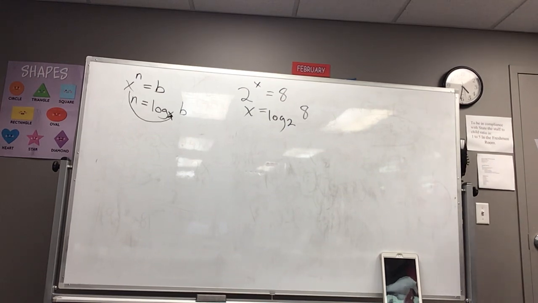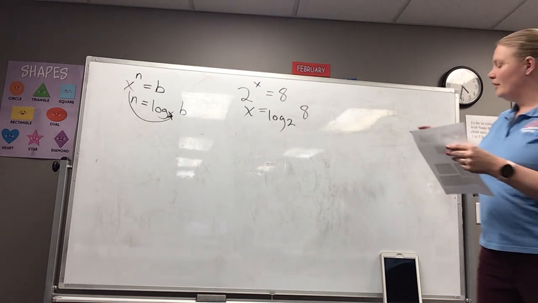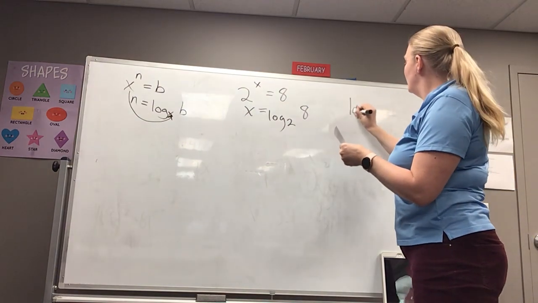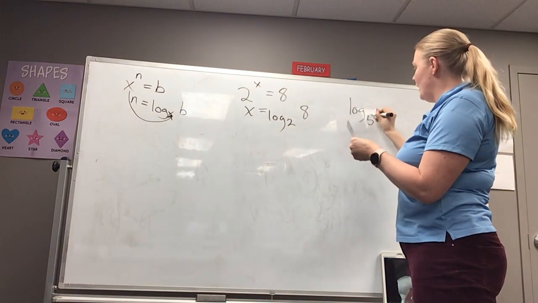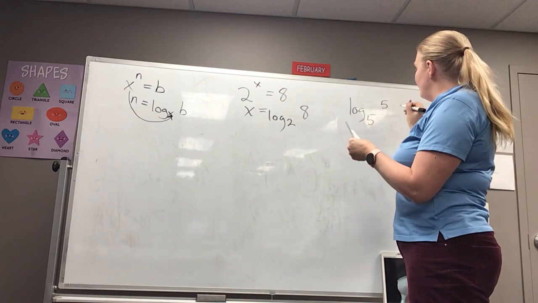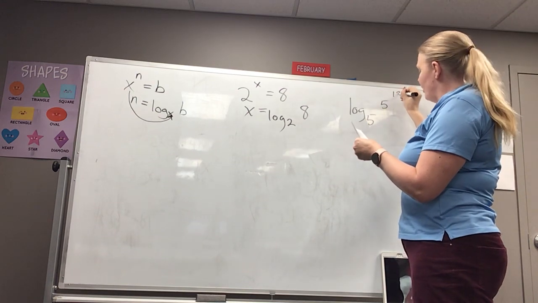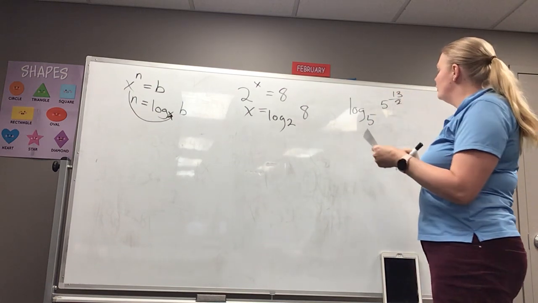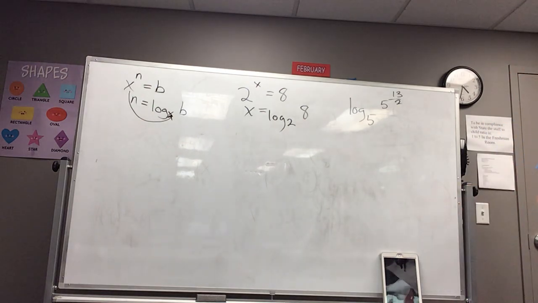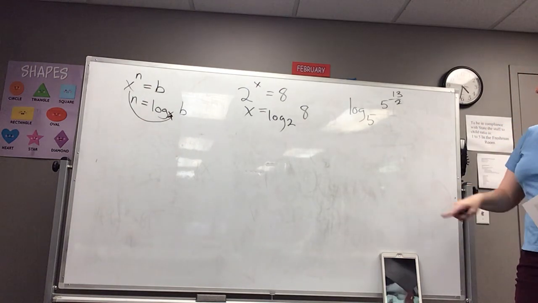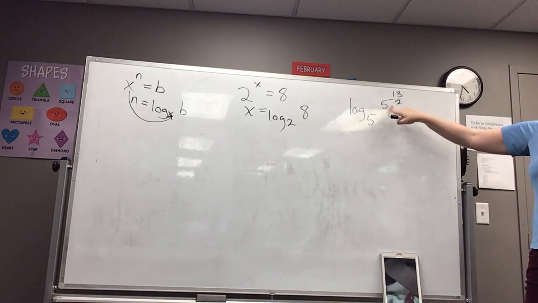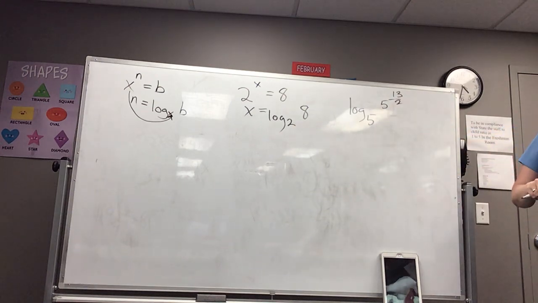So, one of the most simple questions says, if I have the log base 5 of 5 to the 13 over 2. These two cancel each other out. It's one of those nice, amazing things with logarithms.